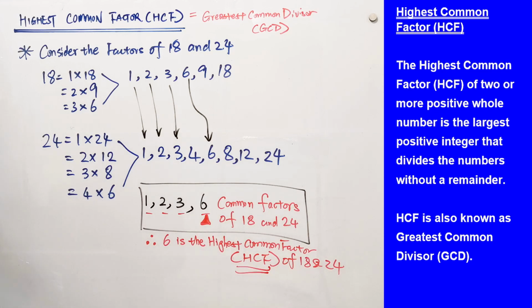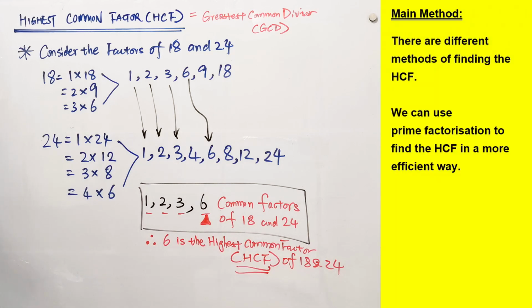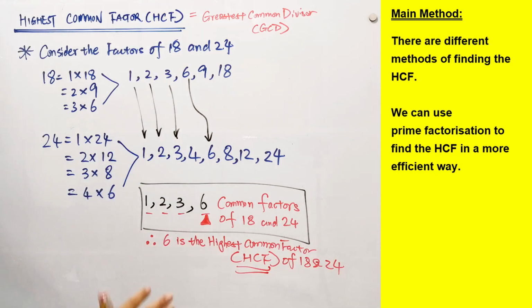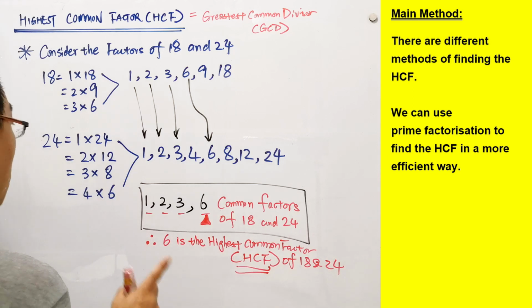Okay, so now we know the definition of the highest common factor. Let's move on. The next question is how to find the HCF. There are many methods to find the HCF of two or more numbers. But because we already learned how to do prime factorization, we use prime factorization to find the HCF in a more effective way.